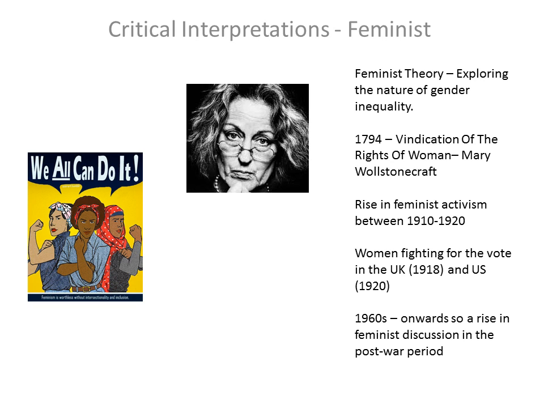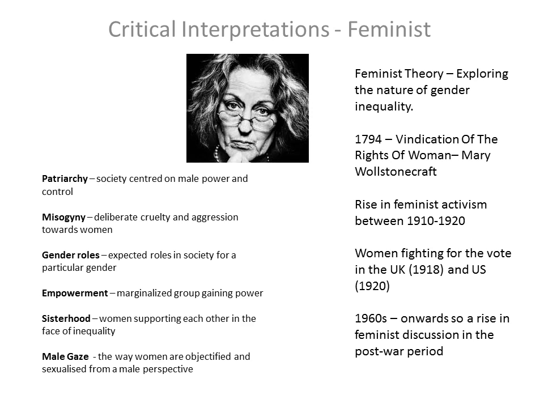Some key terms which I think are really useful to understand. Patriarchy, which simply is a noun which describes a society centred on male power and control. Obviously, when Mary Wollstonecraft was writing, patriarchy was incredibly embedded throughout the 18th and 19th centuries.